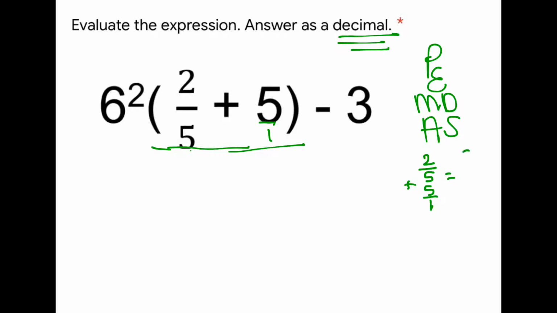And that is going to equal 2/5. We want to make this a 5. So 5 times 5 is 25. And we will get 27 over 5, which would be your answer. And you can leave it improper.